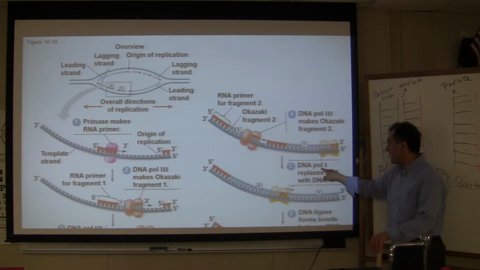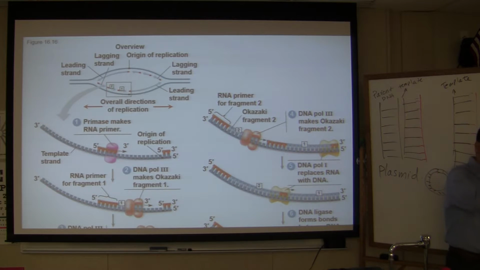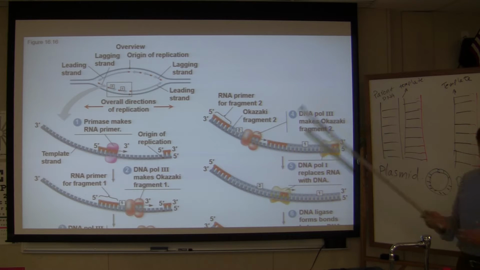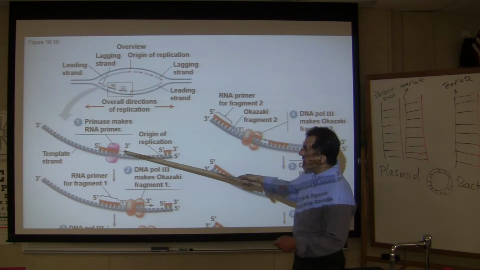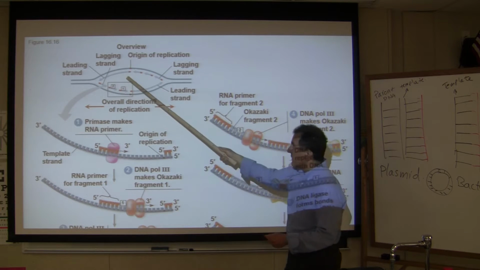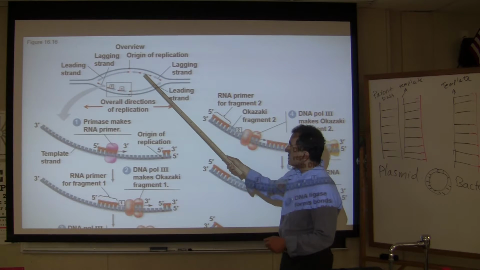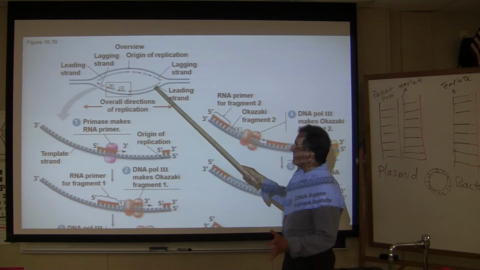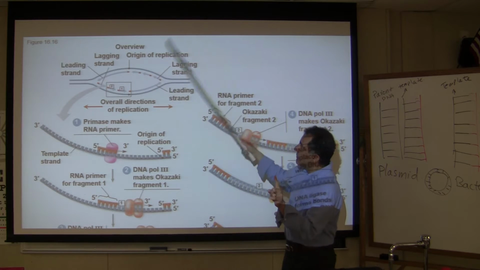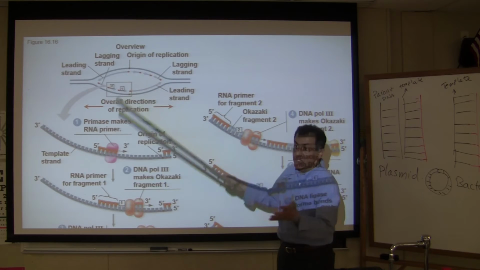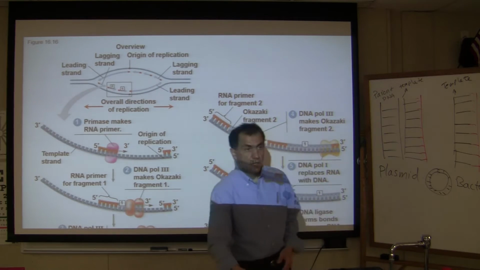It's your DNA polymerase 1. DNA polymerase 3 puts in new DNA, both the leading strand and the lagging strand, and DNA polymerase 1 comes in and removes these primers and puts in the DNA.